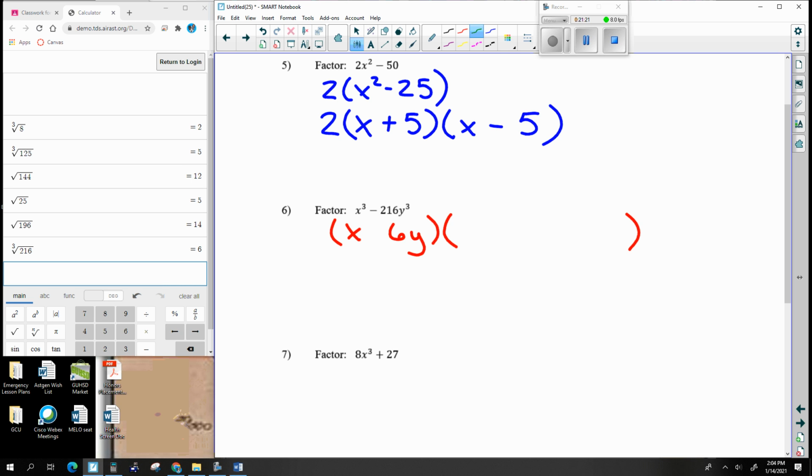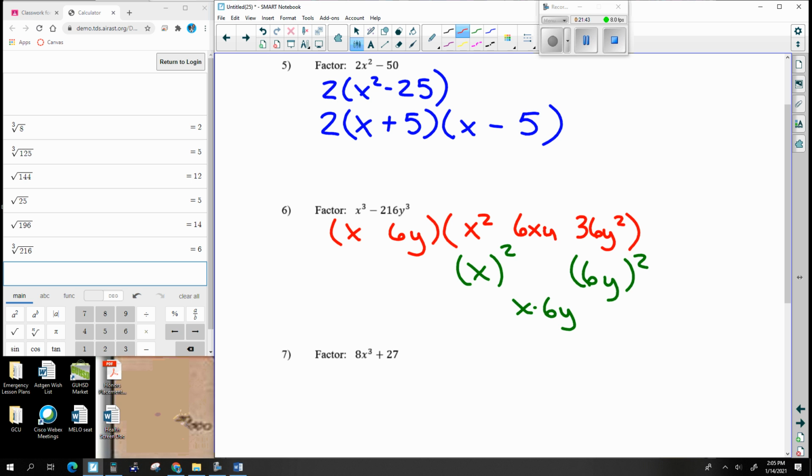All right, so I have an x, I have a 6y, so I square out, and I multiply to the middle. So x and 6y, I square out, so that's going to be x squared, 36y squared, and multiply to the middle, that's going to be 6xy.